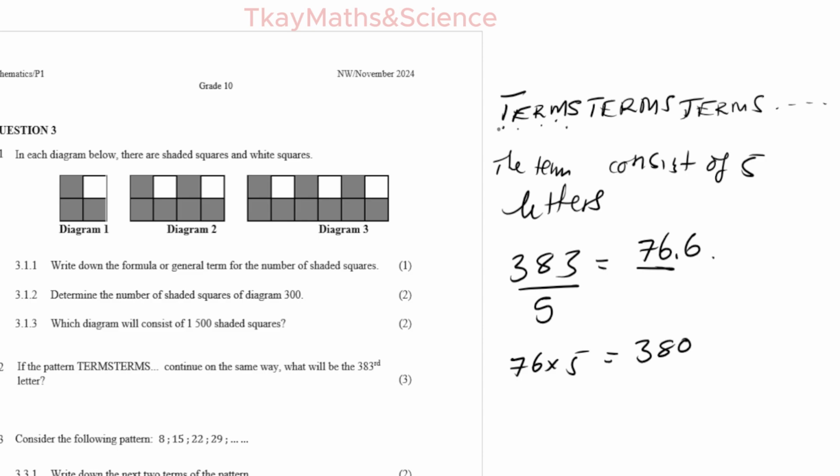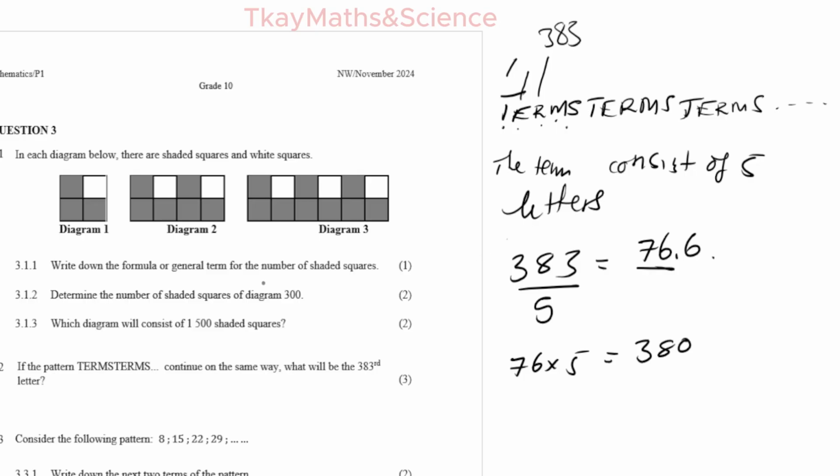So after 380, you're going to restart again with these terms. So we go 380, then 381, start here, 382, 383. So this will be the term.